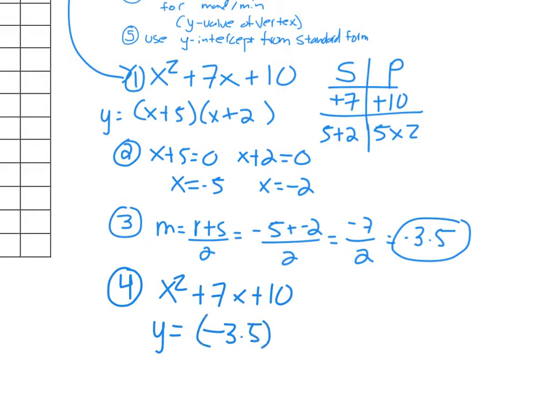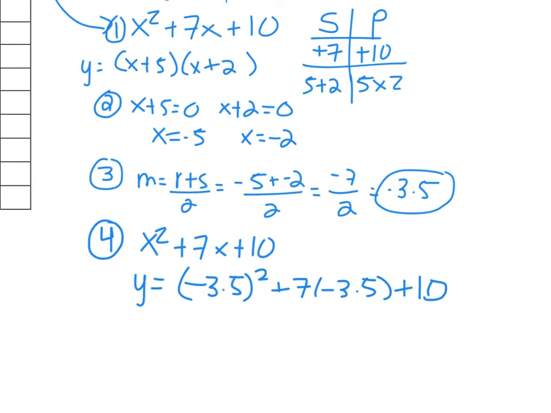Remember to use brackets in your calculator every time that you're putting in a power of 2 or any sort of square, so that your calculator can take the negative sign with the number. So be careful, use your brackets or else you will get the wrong answer in your calculator. Type all that into your calculator and press equal. And you should end up with negative 2.25.